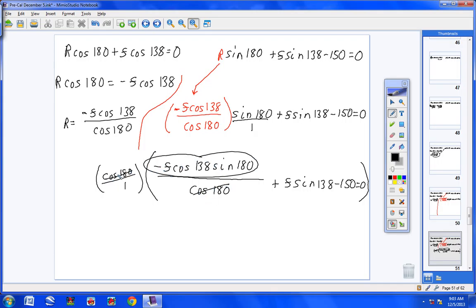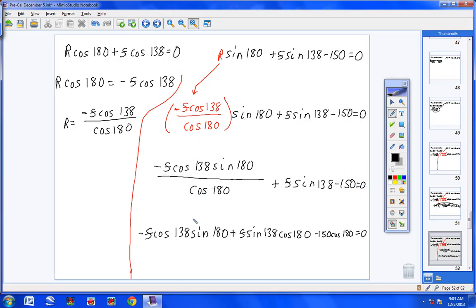Then I must also multiply cosine of 180 times this term, cosine of 180 times this term, and of course cosine of 180 times 0 is just going to be 0. But if you do all of this correctly, you will end up with this right here. Your cosine of 180 canceled out, so you're left with this right here. And then s sine 138 times cosine of 180, and then 150 times cosine of 180. So there we go.